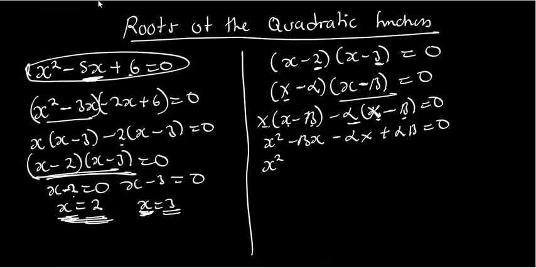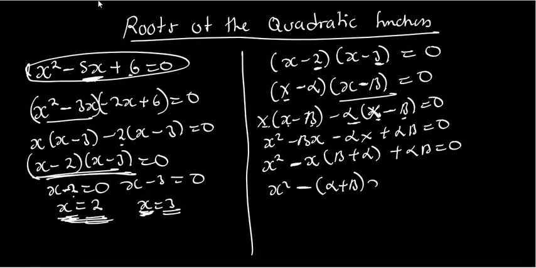What's common here? The common one here is negative and x. So it would be positive, and this side again positive, plus alpha beta equal to 0. So you have this type of equation, which is here. It can also be written with a negative here, alpha plus beta, then x.